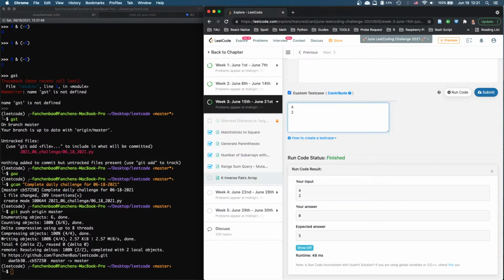How about 4 and 3? If we do 4 and 3, we're just going to add up together. That's going to be 6. So 1, 2, 3, 4. 3 and 3, right? And then 3 and 2.